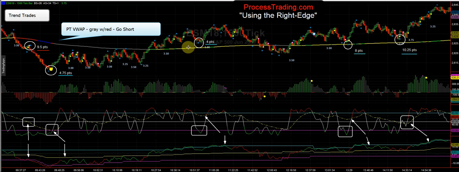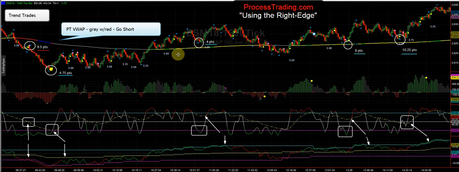Now, you have to employ the specific process trading trade management techniques to take these trades. The whole reason for using them is that it has you trade by buying into strength and selling into weakness. And when you think about it, that's what you do when you trade with the trend.